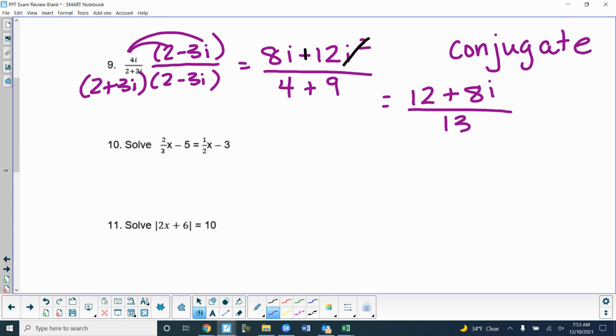Number 10. When we have fractions like this, we want to get rid of the fractions ASAP, right? So what you do is you look to see what the common denominator is. What's the common denominator between 3 and 2? 6.